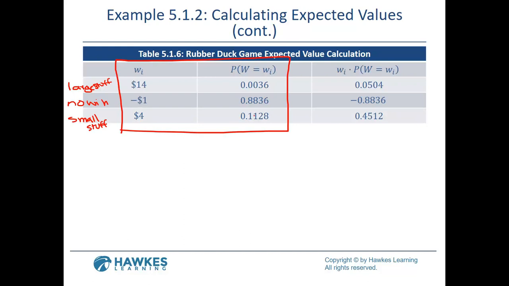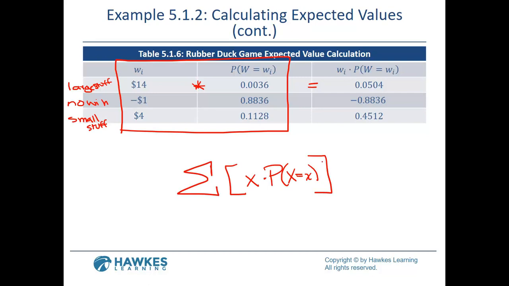Now to get my probability distribution table, we do want to basically multiply straight across by taking our winnings times our probability, and that's going to equal the first part of our formula for our expected value, because the expected value is the sum of our data point times the probability of each individual data point. And then when we add those all up, that's my expected value. So this is the basic formula that we were looking at.